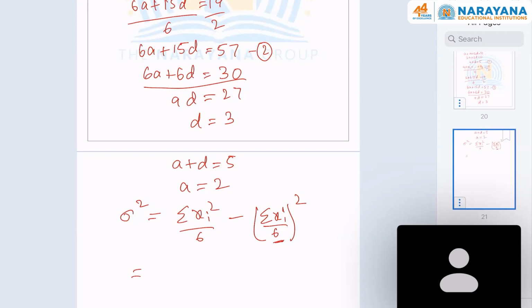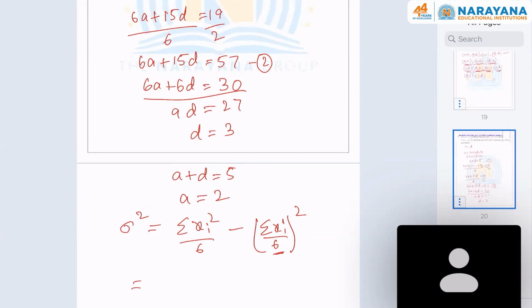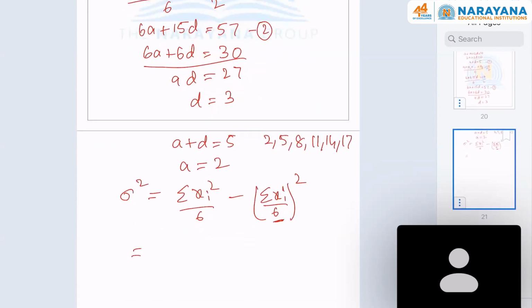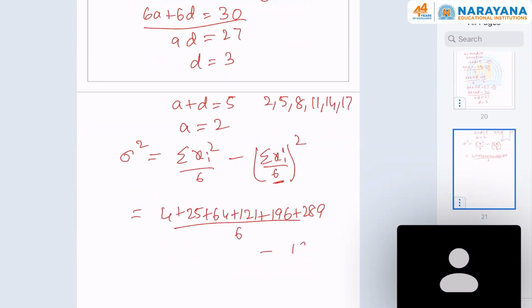Here what are the terms we are getting? a is 2, common difference is 3. So 2, 5, 8, 11, 14, 17. So this is equal to 2 square plus 5 square, 25, plus 64 plus 121 plus 196 plus 289, by 6 minus 19 by 2 whole square.